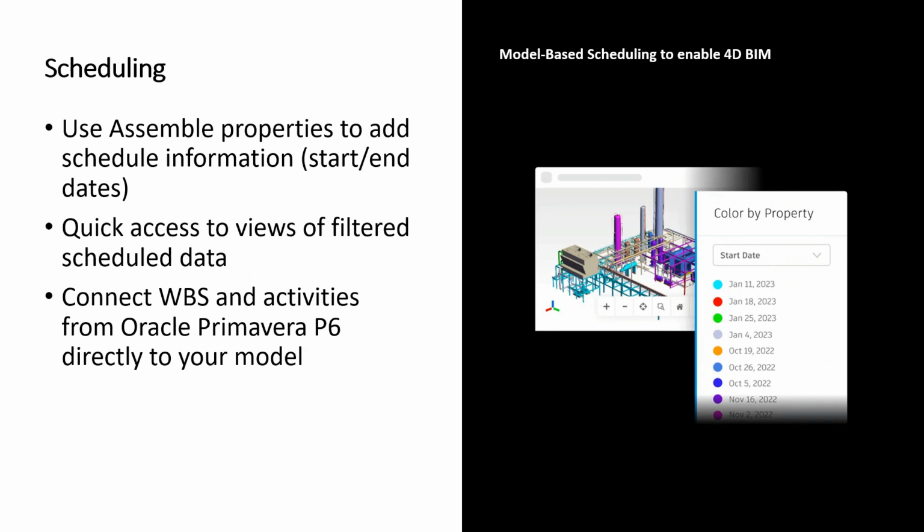So for anyone that isn't aware, within the BIM sphere, we typically define 4D as adding scheduling information to model construction sequences, and 5D as adding cost information to a model. Okay, so 3D is just a 3D model. 4D is adding scheduling information to the model construction sequences, and 5D is adding cost information to the model.